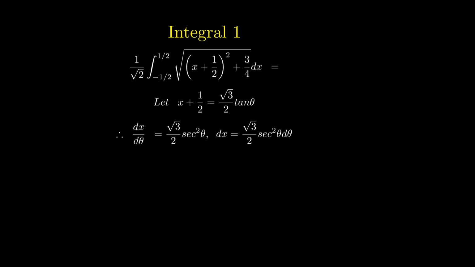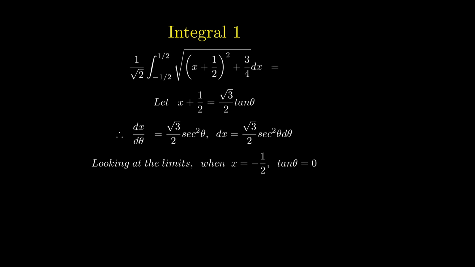Now we can also look at the limits. When x is equal to negative a half, tan theta becomes 0, and therefore theta is 0 in the theta domain.